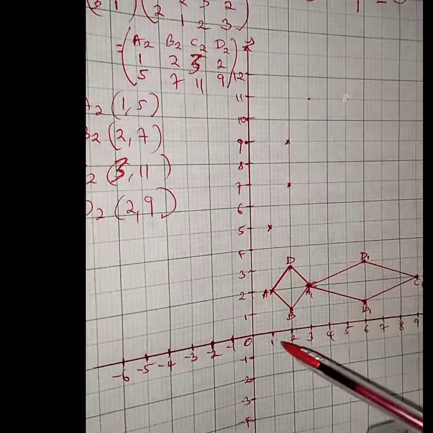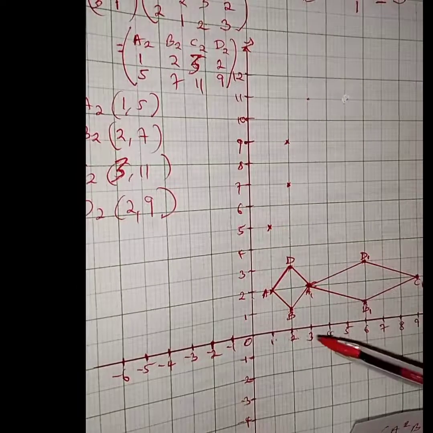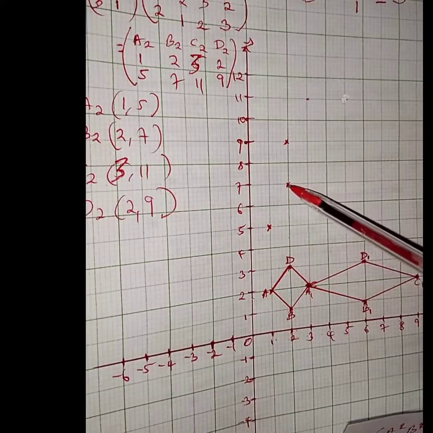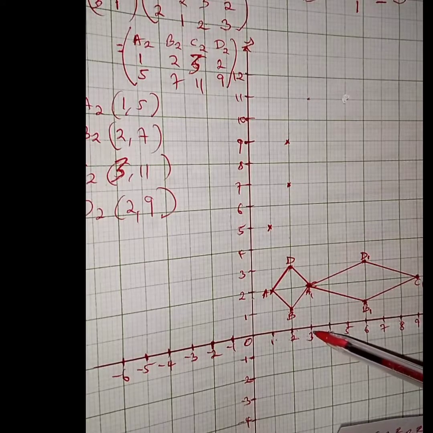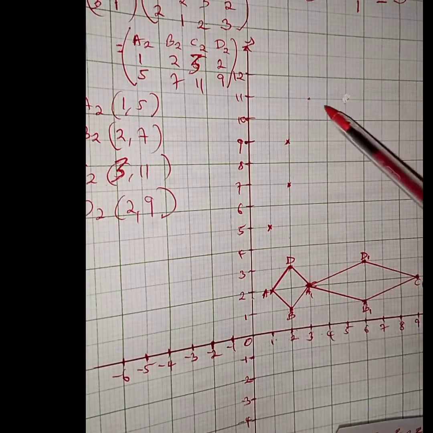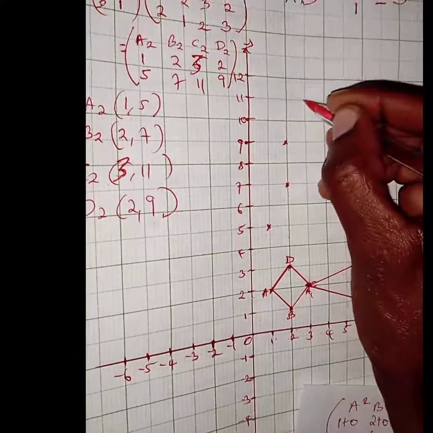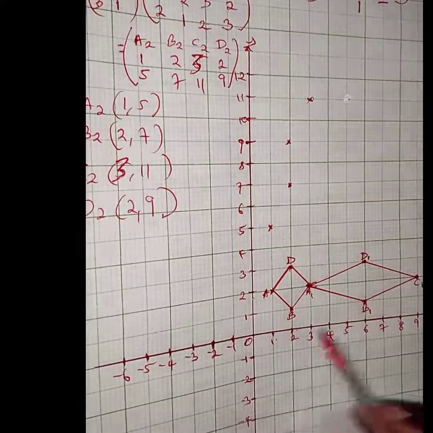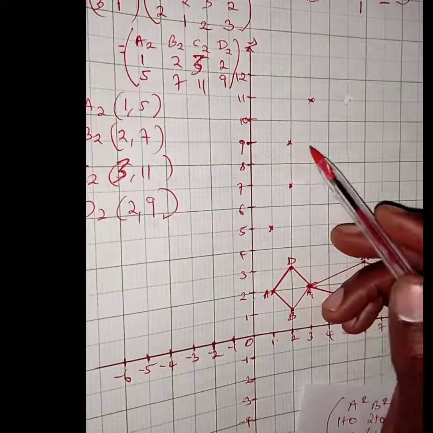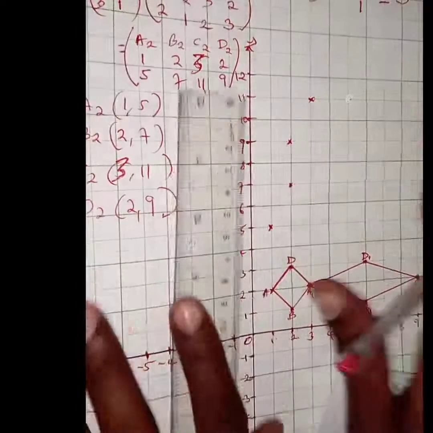So 1, 5 is here. 2, 7 is here. Then we have, what else do we have? 3, 11 is here. Then we have 2, 9. So we need to connect.